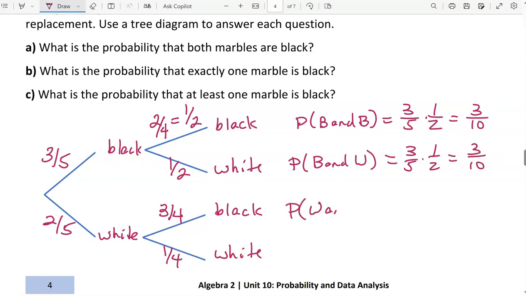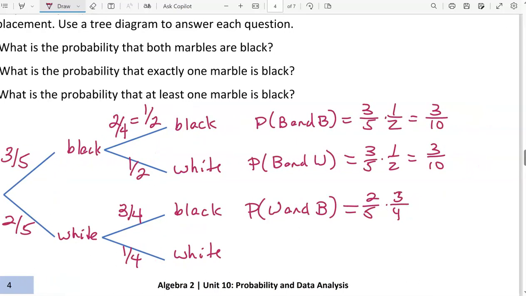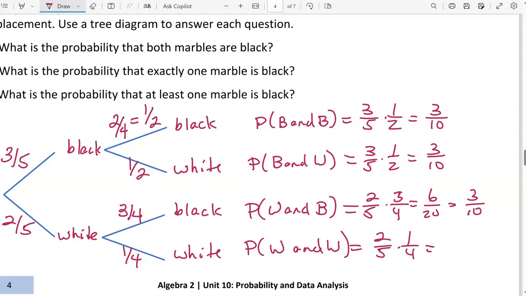Probability of white and black is 2/5 times 3/4, and that's going to give us 6/20, which reduces to 3/10. And lastly, the probability that we draw a white and then another white is 2/5 times 1/4, which will give us 2/20, or 1/10.